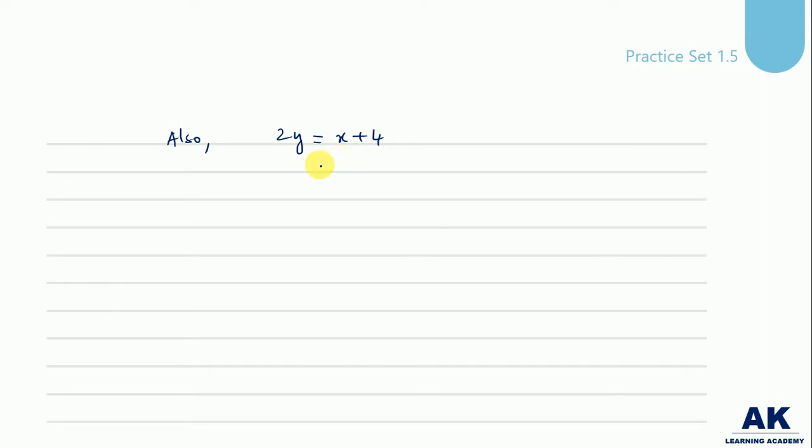Therefore x minus 2y is equal to 4. Let's call this equation number 2. Now we have equation 1 as x minus y is equal to 4. We know that this is equation number 1.